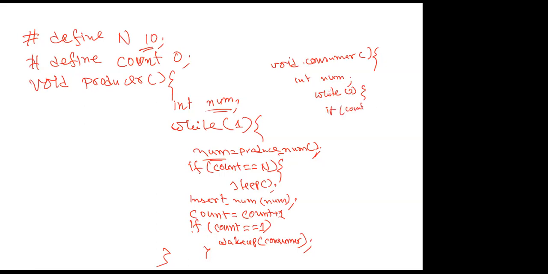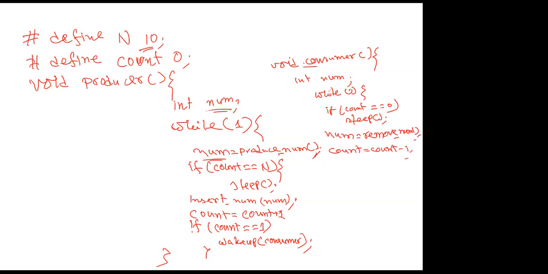If count equals 0, then this function will go into sleep mode, since there is nothing to consume or delete from this buffer. Otherwise it will remove the number from this buffer by using the remove num function, and then it will decrease the count value as well. Count equals count minus 1.